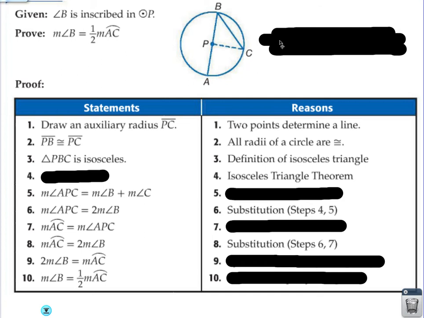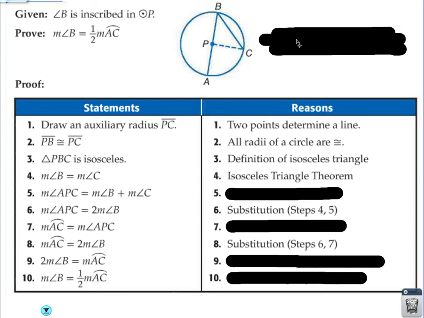Since PB and PC are congruent, what else is congruent? Not by isosceles triangle theorem. Ignore everything else. You have an isosceles triangle here. This side is congruent to this side, and not only are the sides congruent, but the base angles are congruent as well. Measure of angle B equals the measure of angle C, right?